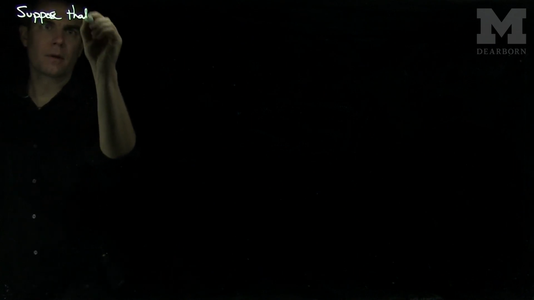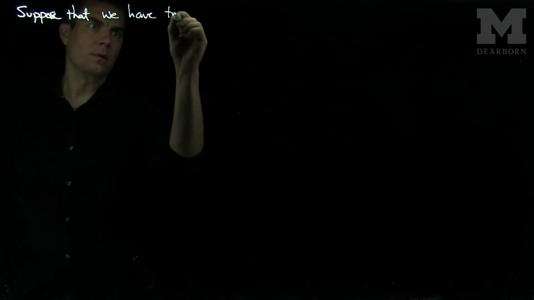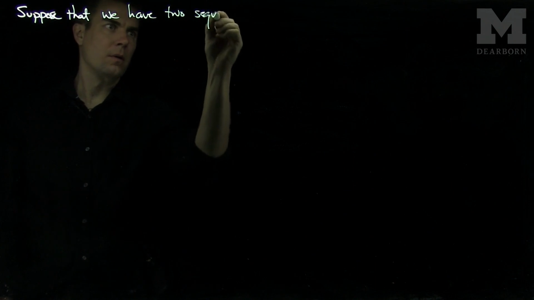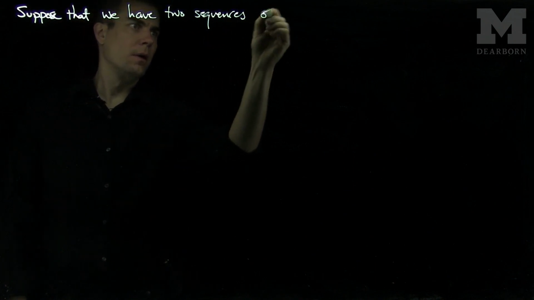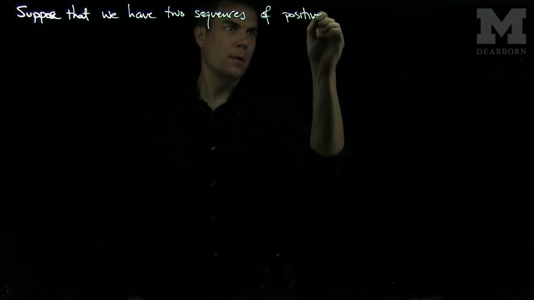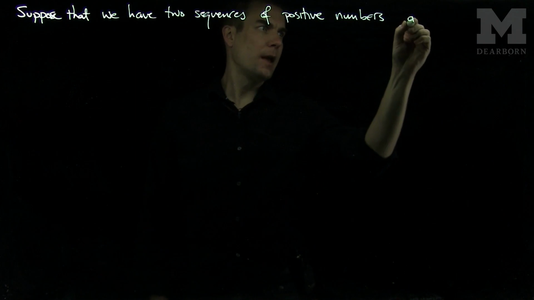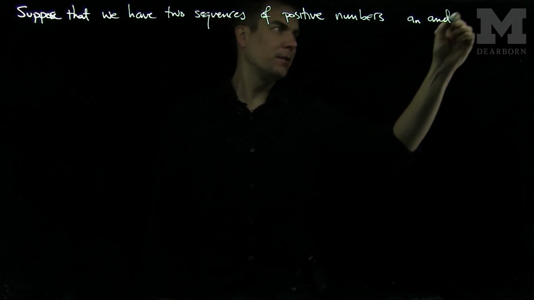Let's suppose that we have two sequences of positive numbers, A(n) and B(n).